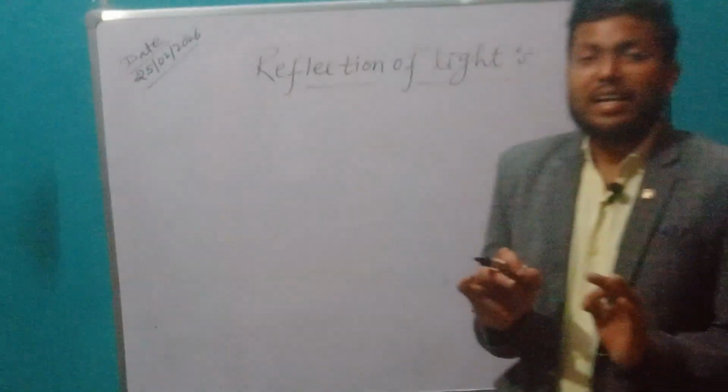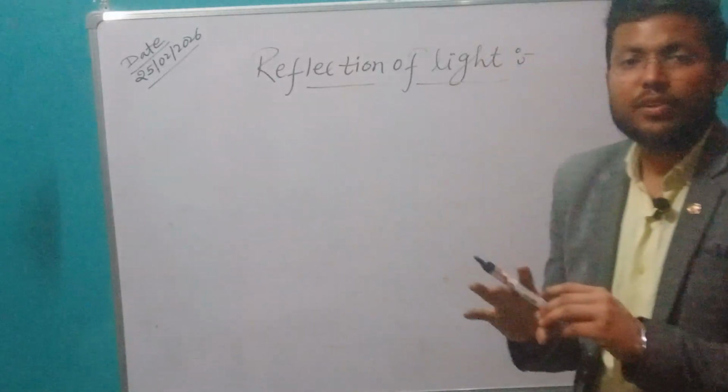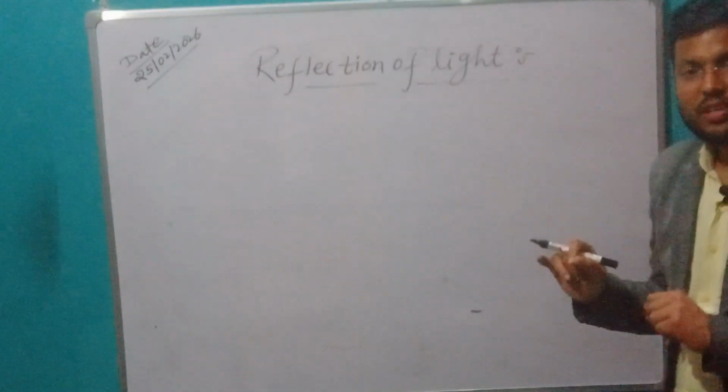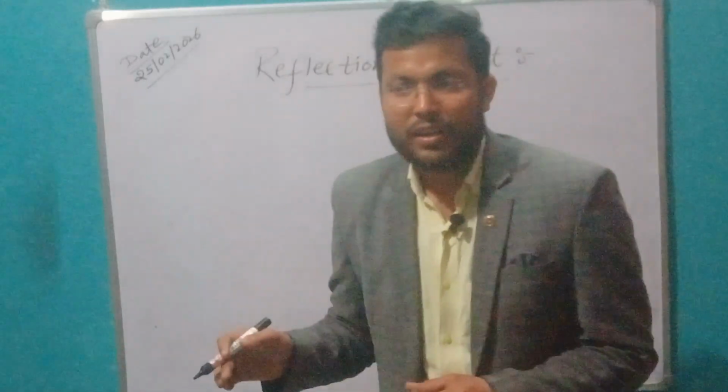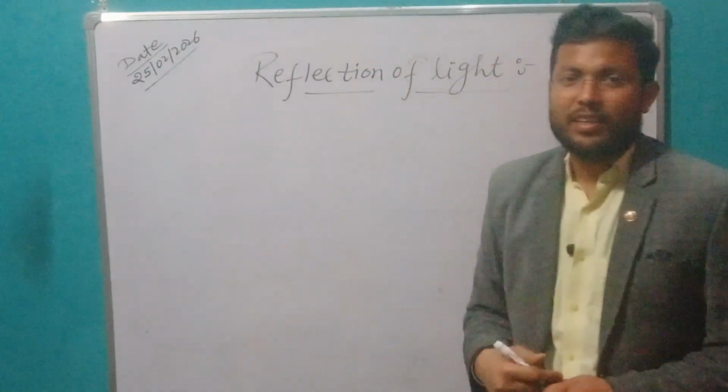Means the light falls on any surface, and the surface reflects the light. So I explain about the reflection of light.